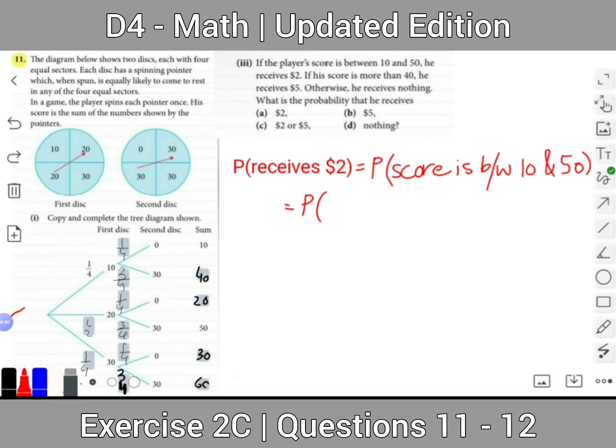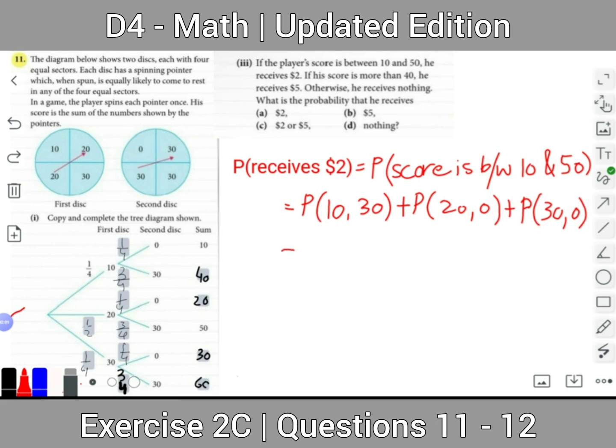The first possibility is the ordered pair 10, 30, plus the probability of the ordered pair 20, 30, plus the probability of the ordered pair 20, 0, plus the probability of the ordered pair 30, 0.